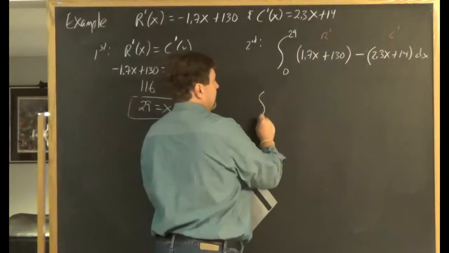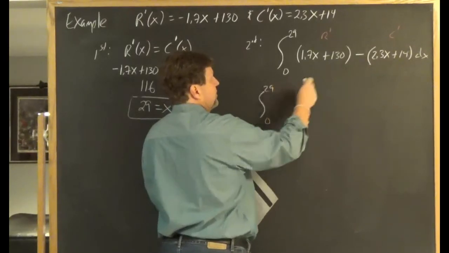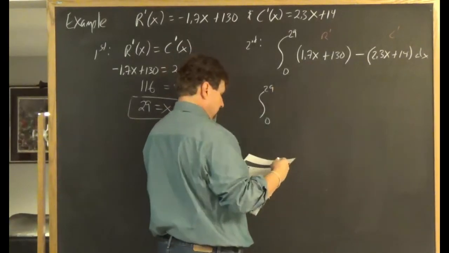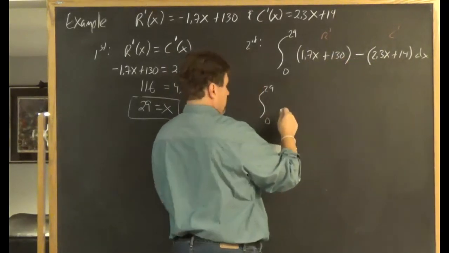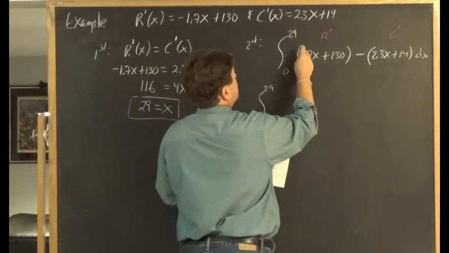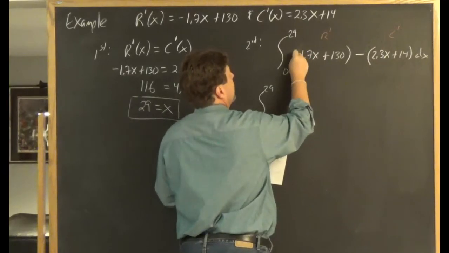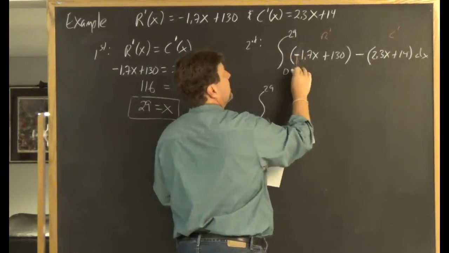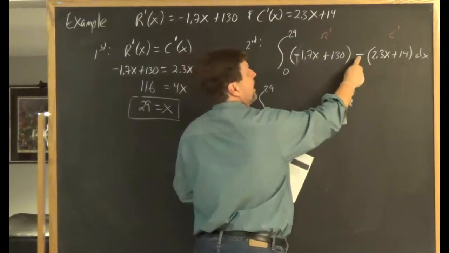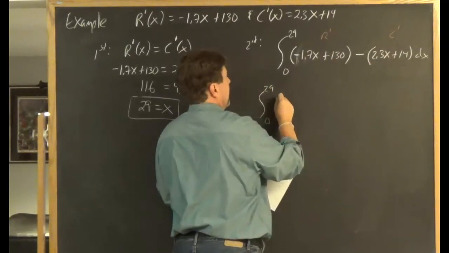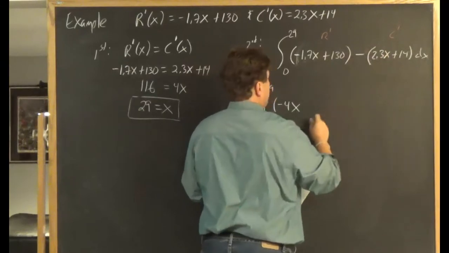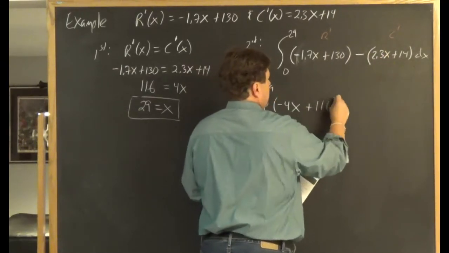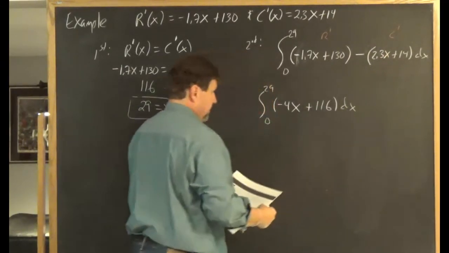So continuing like I have in this section, I would clean up my integrand. And let's see, 1.7x minus 2.3x. Oh, I'm sorry. I left out my negative sign here. I was so excited. Negative 1.7x minus 2.3x, that's a negative 4x. 130 minus 14, it's 116.